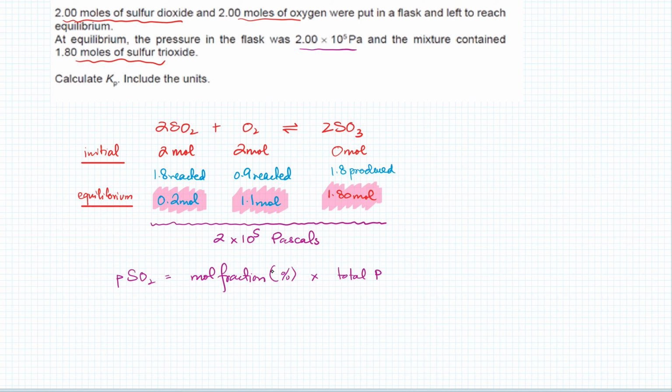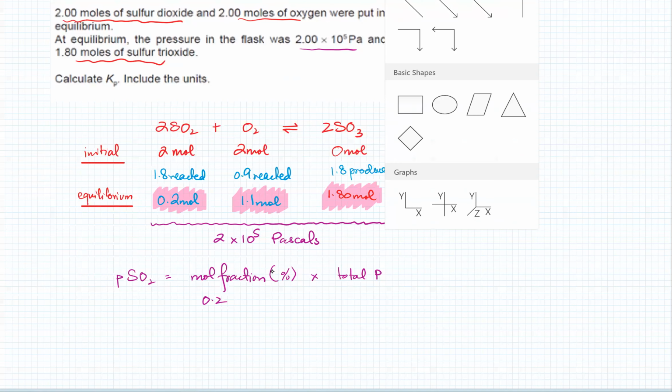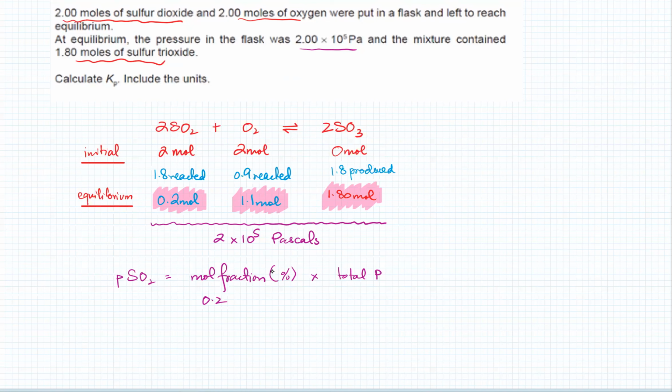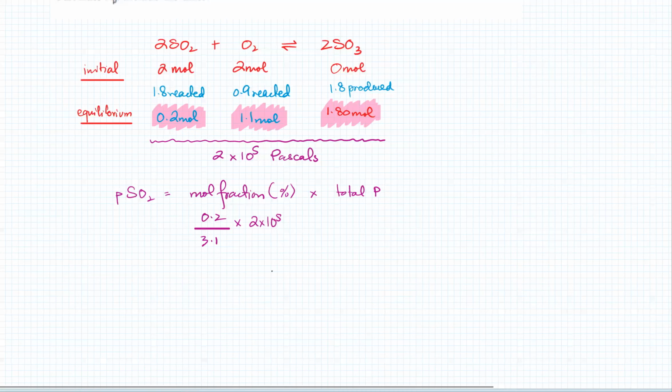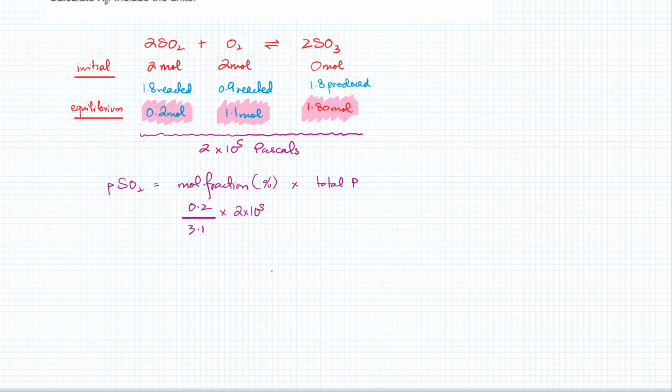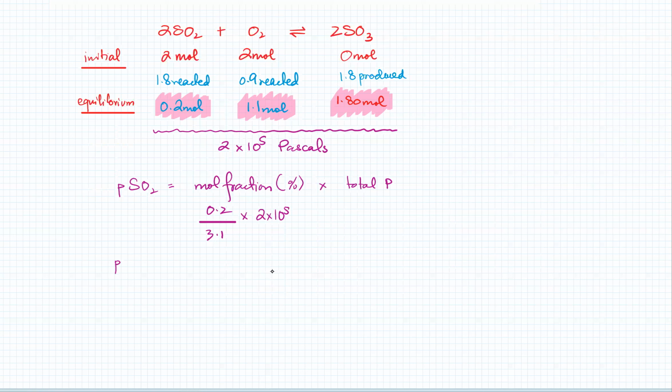So in this case, it's going to be 0.2 moles out of the total moles present at equilibrium. What's 0.2 plus 1.1 plus 1.8? 3.1. So 0.2 divided by 3.1 times 2 times 10 to the power 5. That's my partial pressure of SO2. And I'm going to do the same for O2.